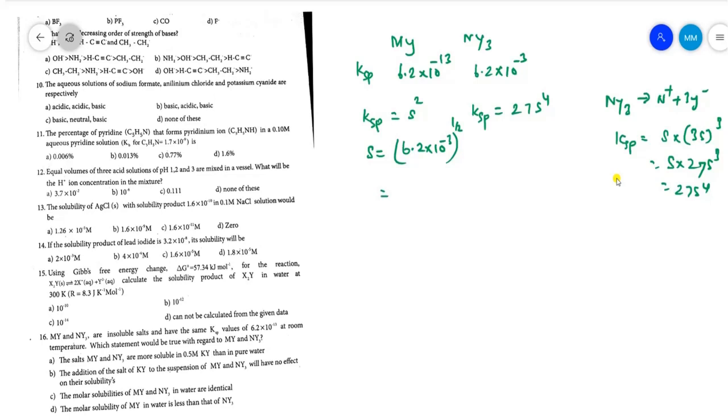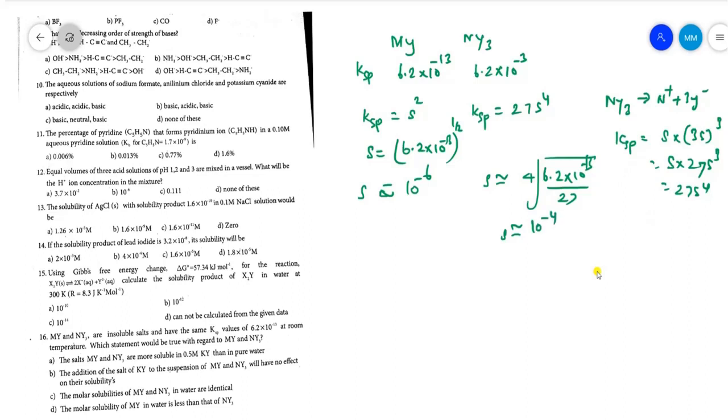So this is approximately 10 power minus 6. In case of NY3, the S value is 6.2 into 10 power minus 13 divided by 27 and it is a fourth root. So here S is approximately 10 power minus 4.